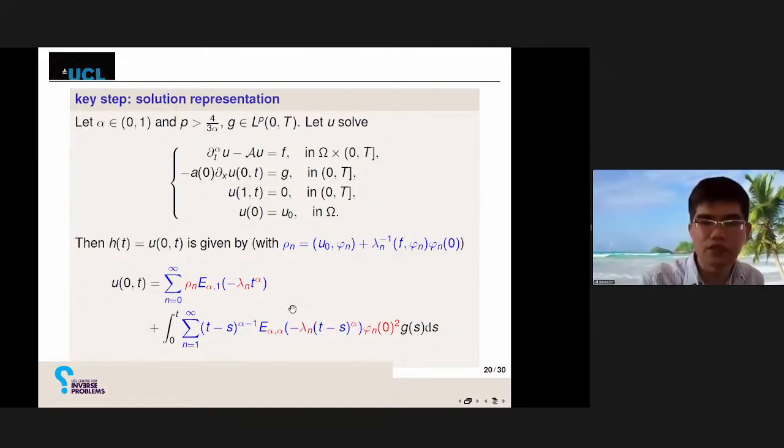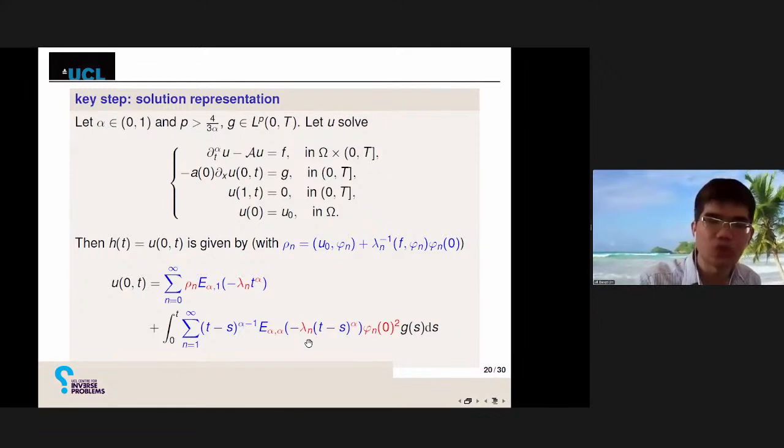Similarly for the second term, everything in red is unknown, and this GS is a known quantity. Clearly, it follows from this representation that we need to analyze these two functions a bit more carefully, like this infinite summation in color and the other infinite summation in color.